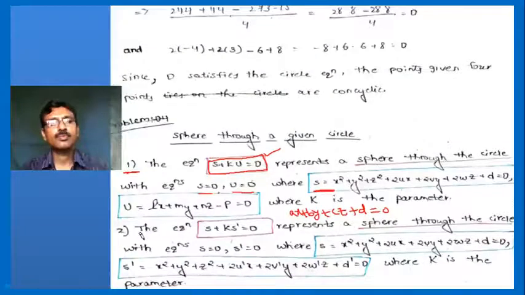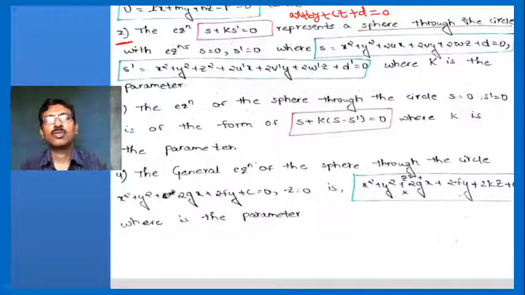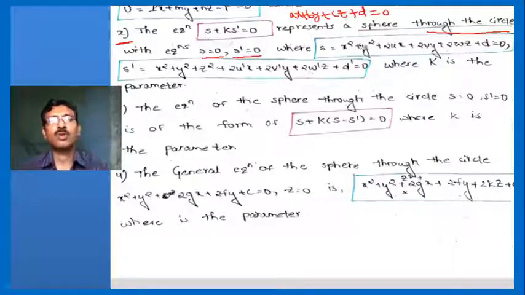Next we go to formula 2. The equation S plus kS dash equal to 0 represents a sphere through the circle formed by S equal to 0, S dash equal to 0, or through the circle which is the intersection of the two spheres S equal to 0 and S dash equal to 0, where S equal to x square plus y square plus z square plus 2ux plus 2vy plus 2wz plus d equal to 0, and S dash equal to x square plus y square plus z square plus 2u dash x plus 2v dash y plus 2w dash z plus d dash equal to 0.